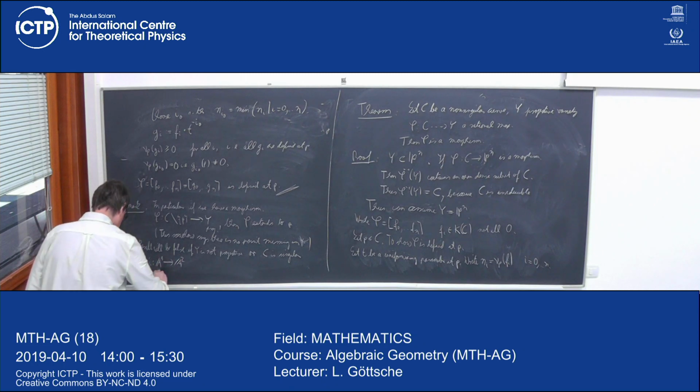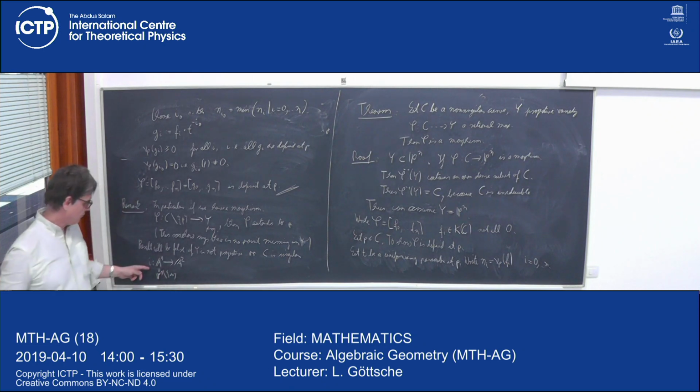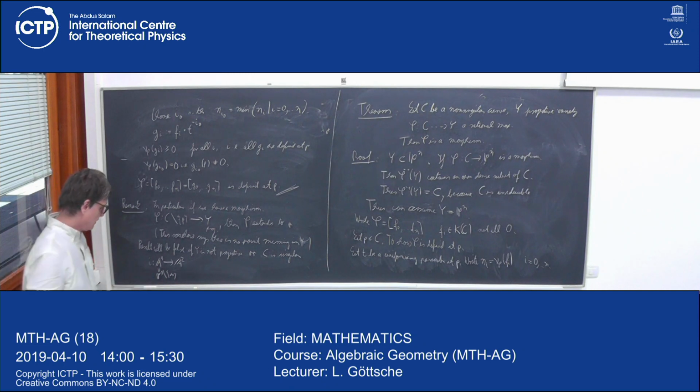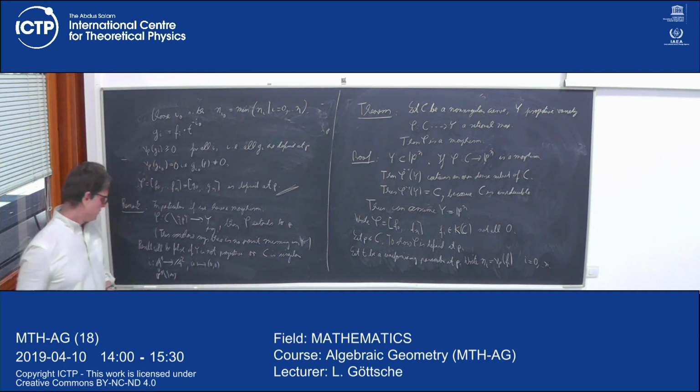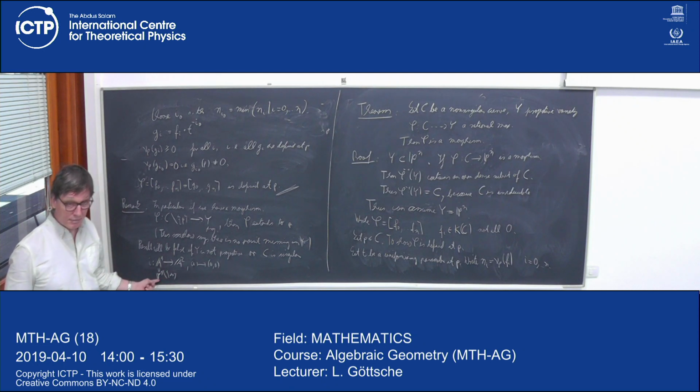If you view A1 as P1 minus the point infinity, you have a morphism which sends the point a to (a, 0). Obviously this cannot be extended to P1, because any morphism from P1 to A2 maps the whole of P1 to a point.